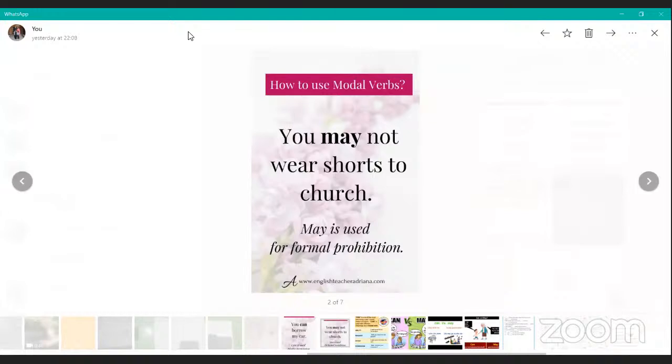In your textbook, you can do the activities on page 75 and 76. Right? Activity 3, activity 4, and activity 5. Right? You can do them for homework.